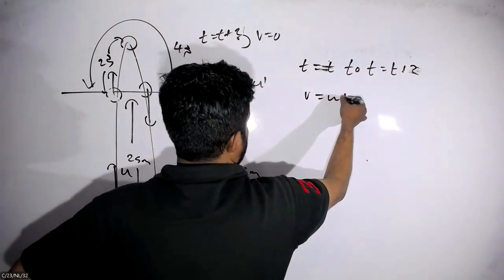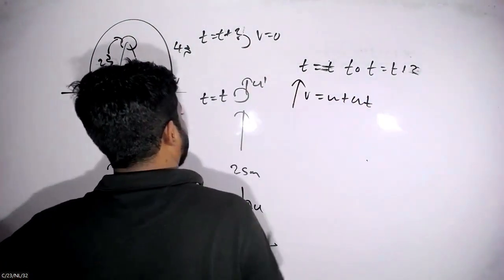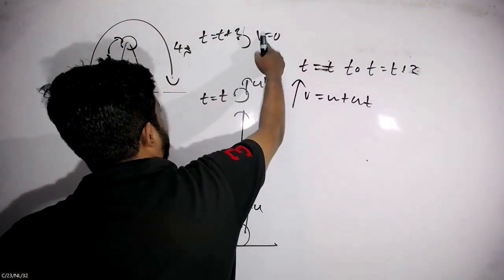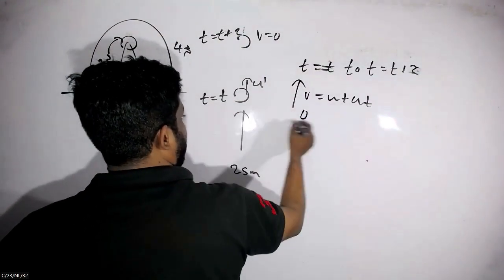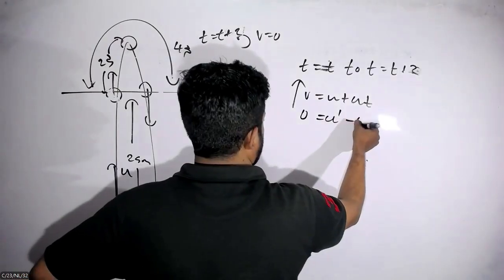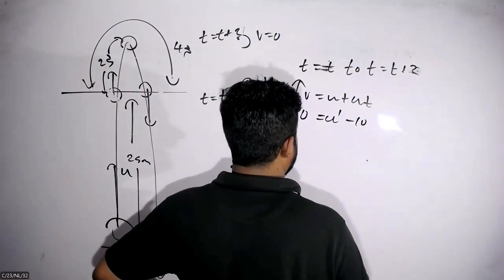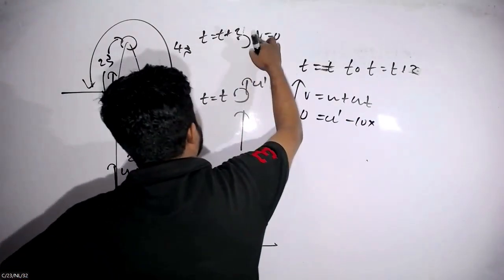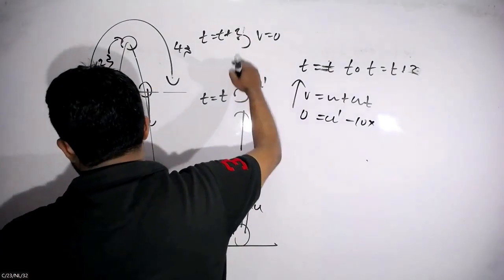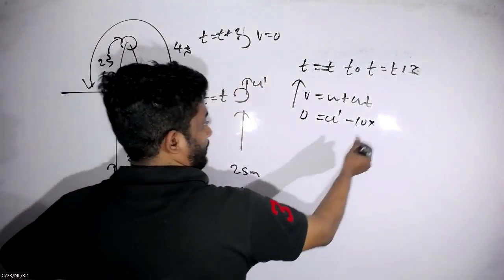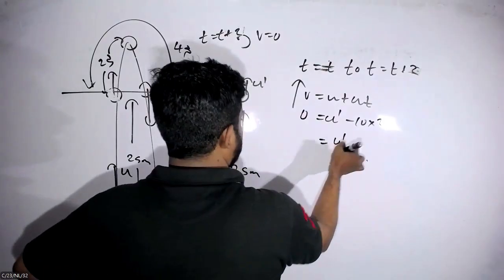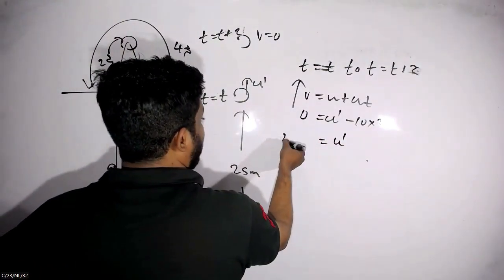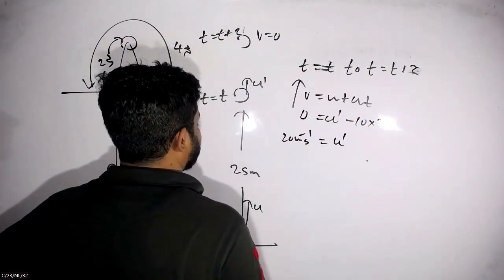You can apply v equals u plus at towards the vertically upward direction. At the maximum height, velocity is 0. Initial velocity u dash. Gravitational acceleration minus 10. Time interval from here to here 2 seconds. Object obtains maximum height during 2 seconds. That means velocity at the height 25 meters is 20 meters per second.